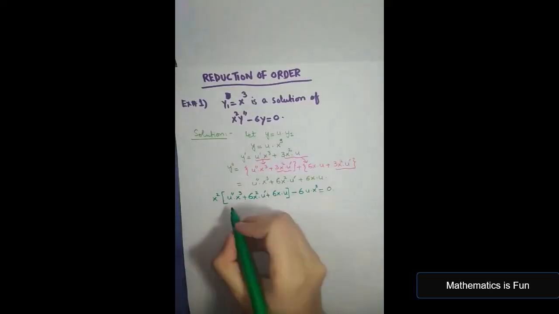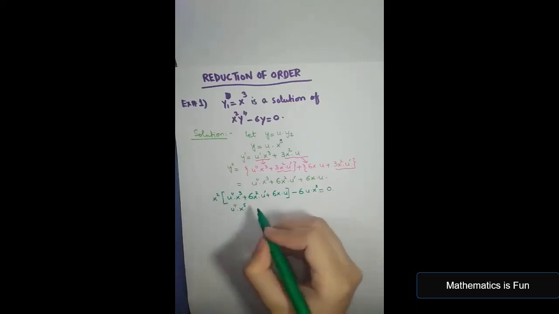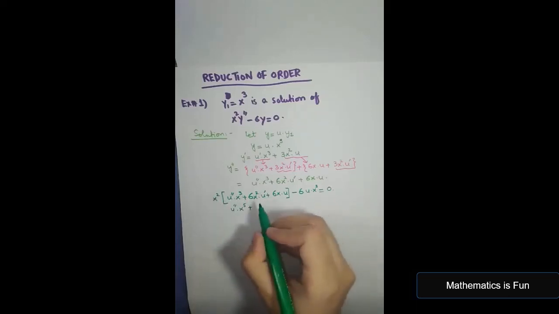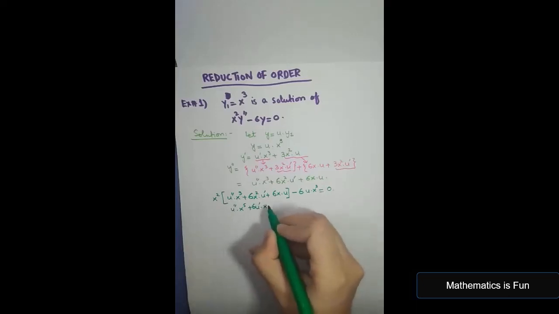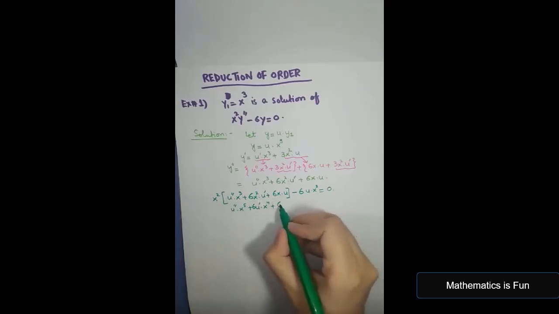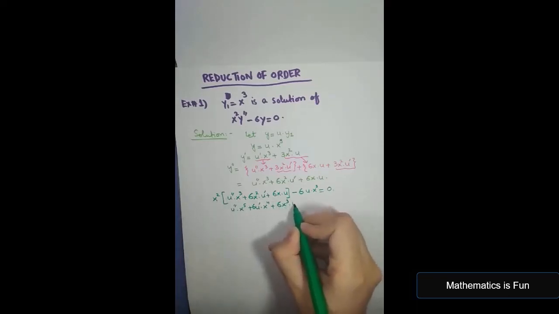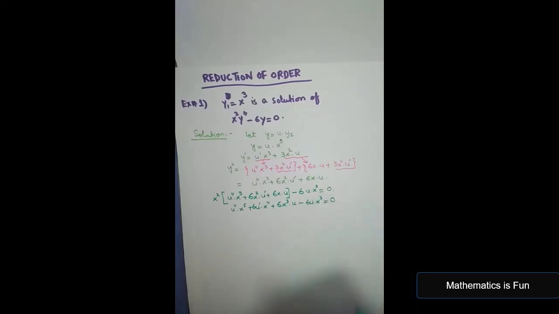Multiply it term by term, so that becomes u double dash times x to the power 5, since 3 plus 2 is 5, then 2 plus 2 is 4, 6u dash x to the power 4, plus 6x cubed u minus 6u x cubed equals 0.